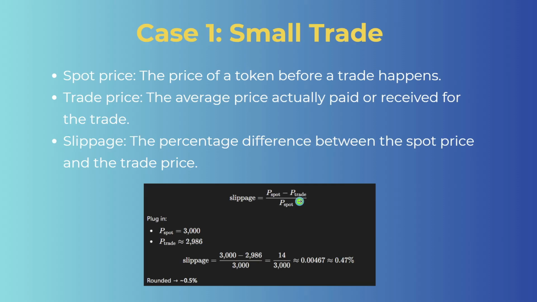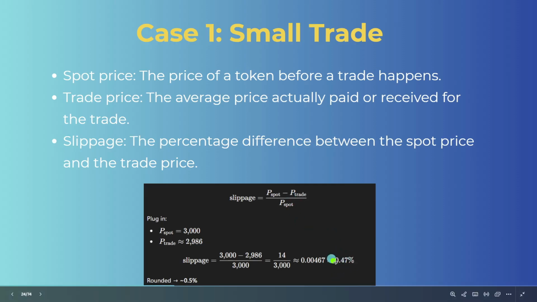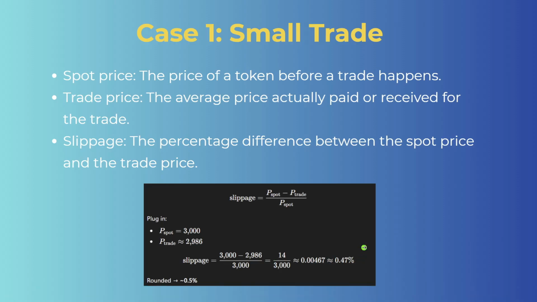So in this case, we had a slippage of 0.5% more or less, because we expected 3,000, we paid this amount here, and so we have obtained less USDC than the ones that we were expecting.